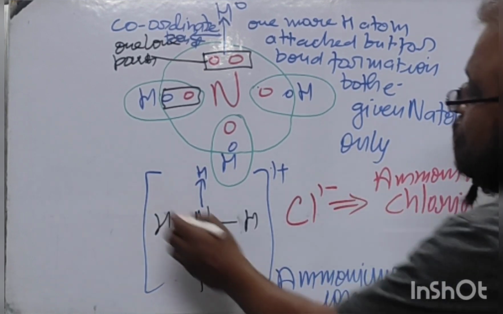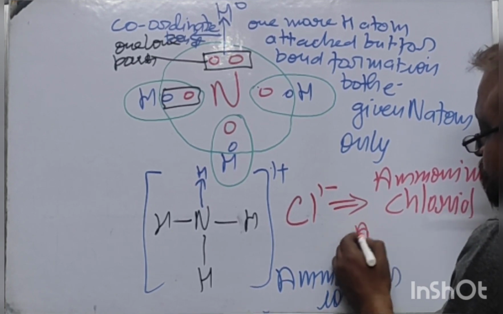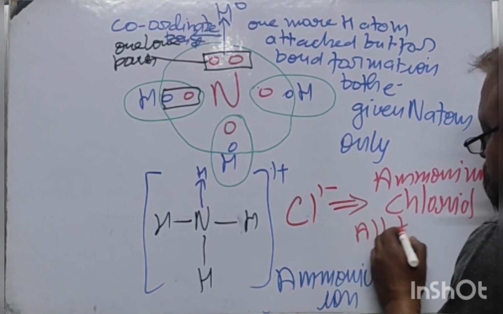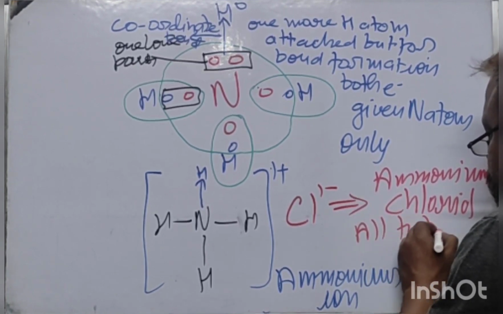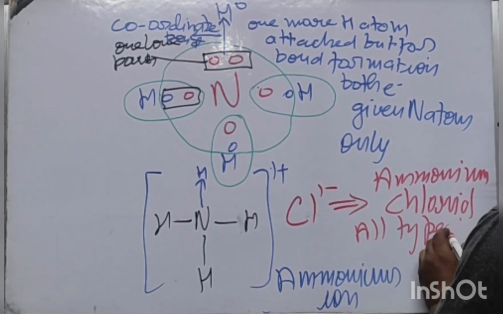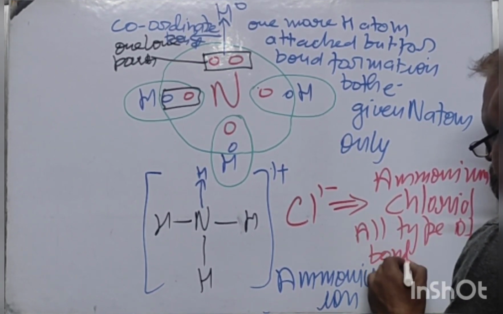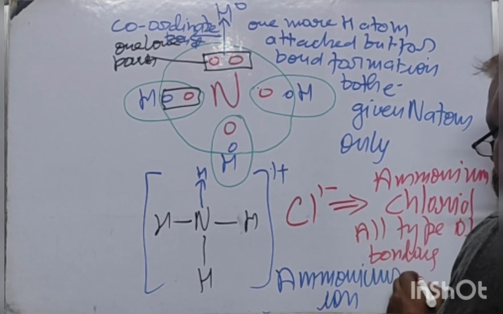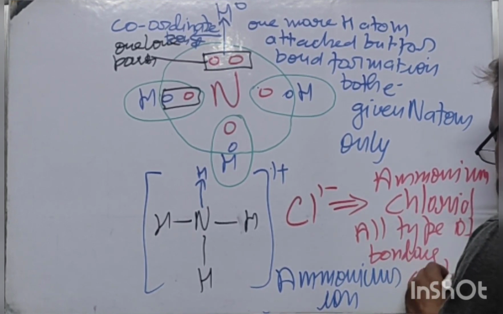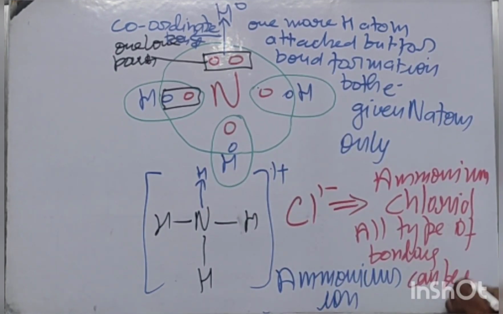And in ammonium chloride, all types of bonding can be seen. How is it?